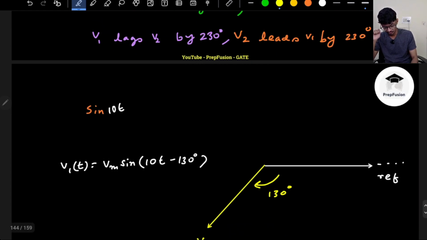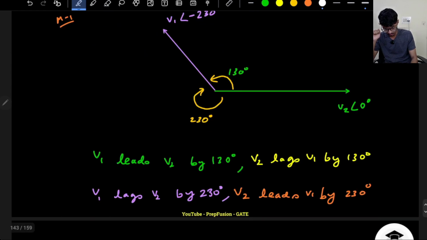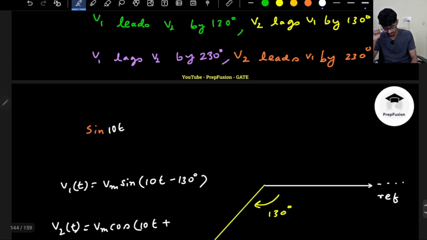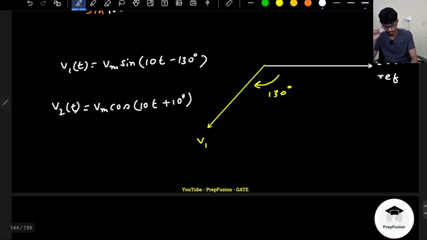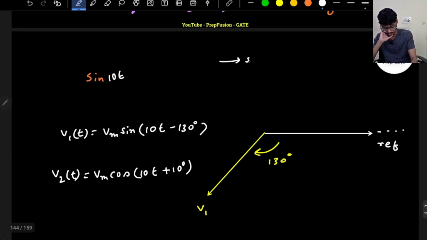What about V2? V2 is Vm cos of 10t plus 10 degrees. If I want to convert it back into sine, this is my cos omega t, this is my sine omega t.